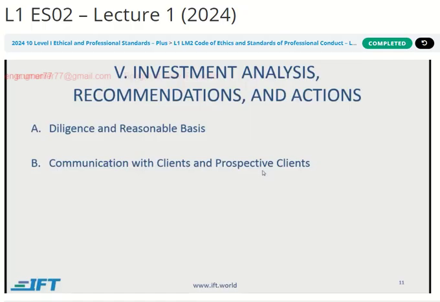Number two, you must disclose to clients and prospective clients significant limitations and risks associated with the investment process. Number three, you must use reasonable judgment in identifying which factors are important to your investment analysis, recommendations, or actions.